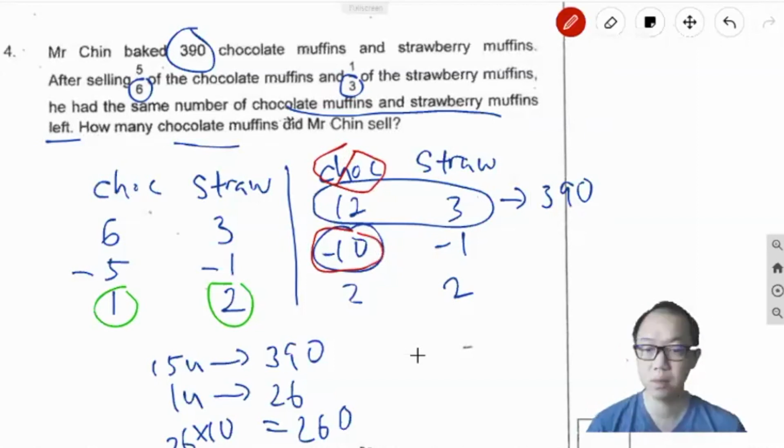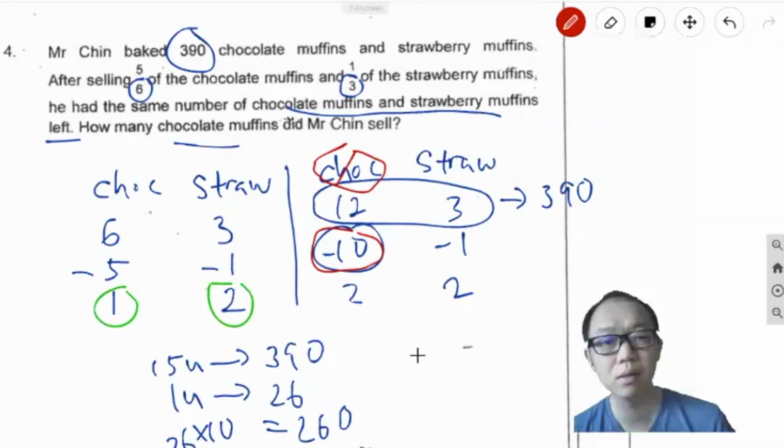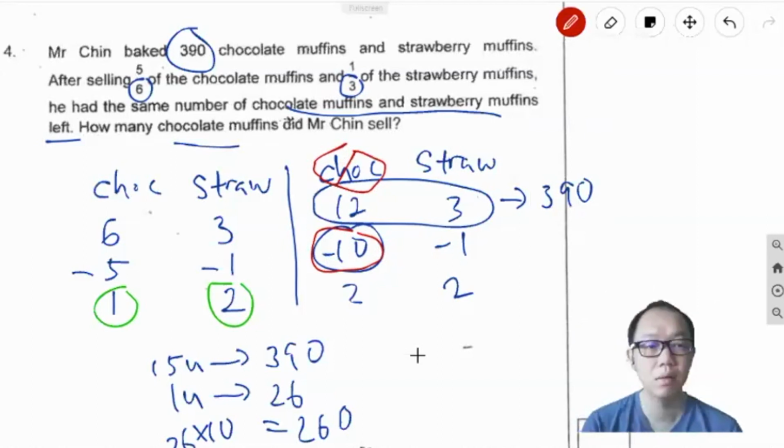But 390 is total, yeah? 390 is the total. How many chocolate muffins did he sell? 390 represents 15 units.